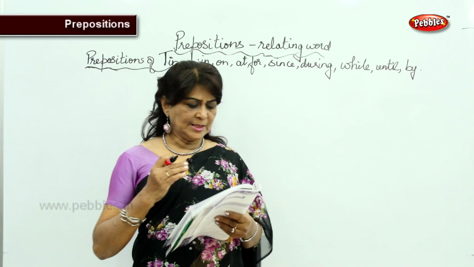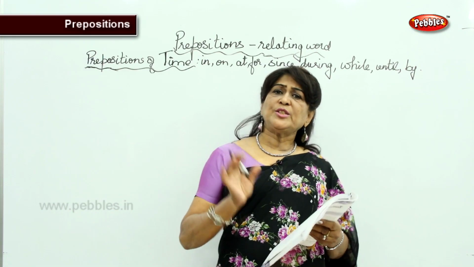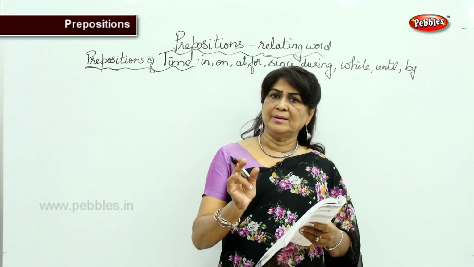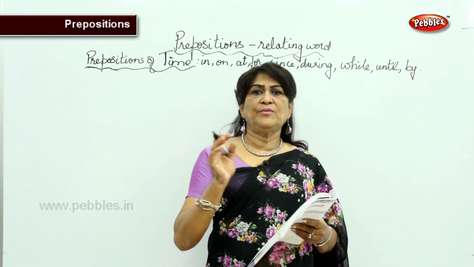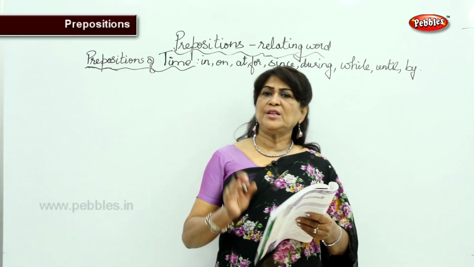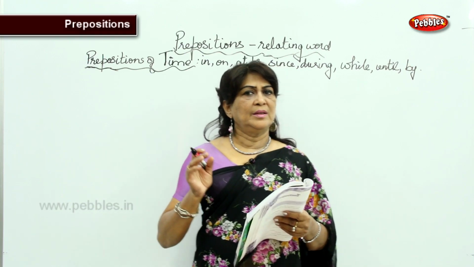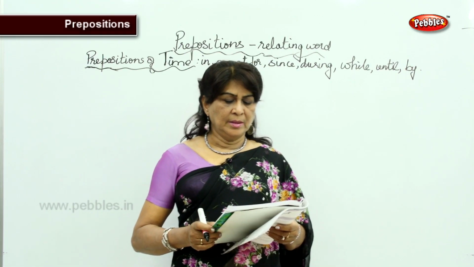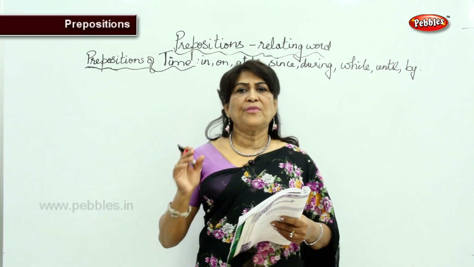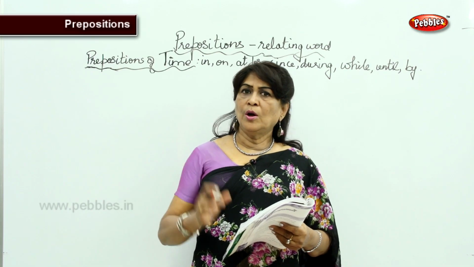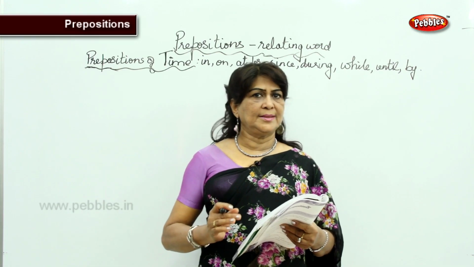I am going to give you some examples, like when we mention a particular year, we say in 1944 or in 1947 India became independent. On a Friday or on 15th of August.